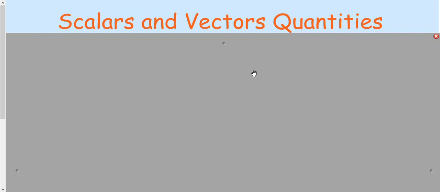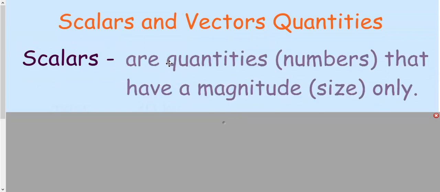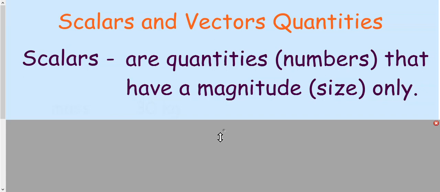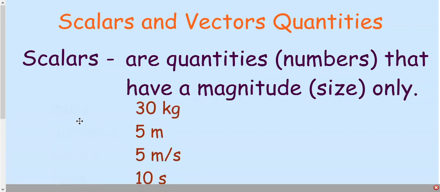So scalars and vectors. So what is a scalar quantity? Scalar quantities are quantities that have magnitude, which is size, some numbers, and a unit in particular. Some examples that we could have would be these, and they match physical quantities in physics.